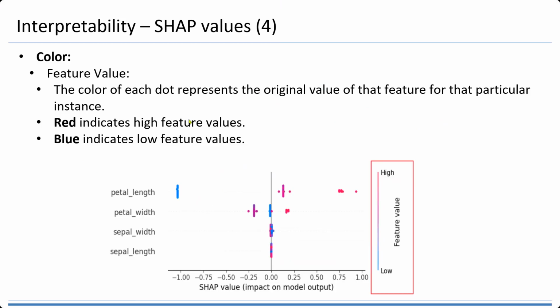The color of each dot represents the original value of that feature for that particular instance. So red indicates high feature values and blue indicates low feature values.